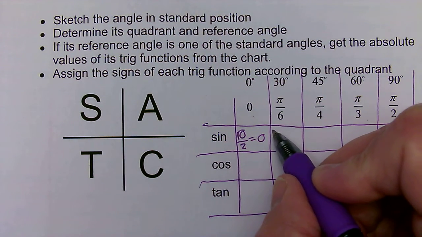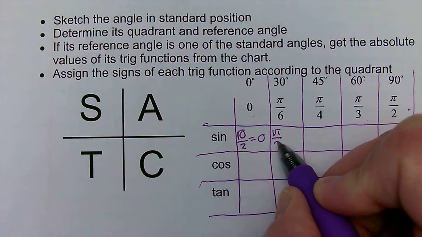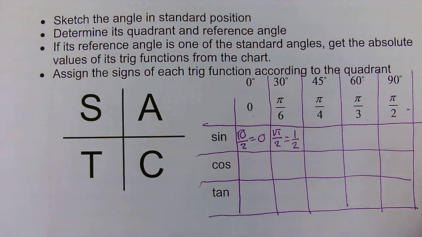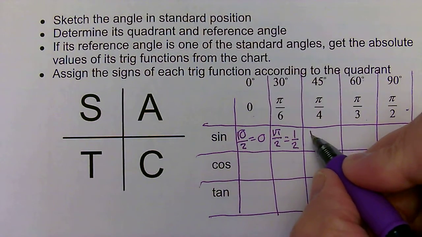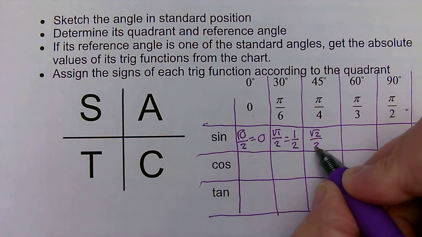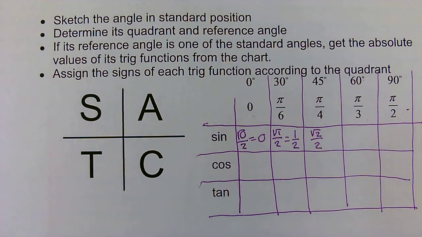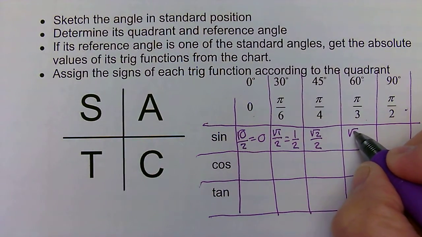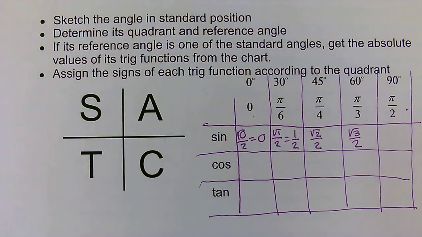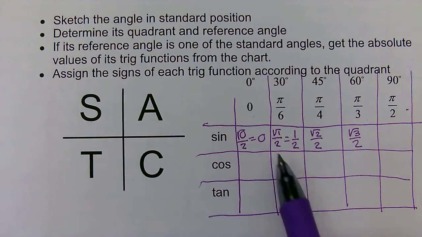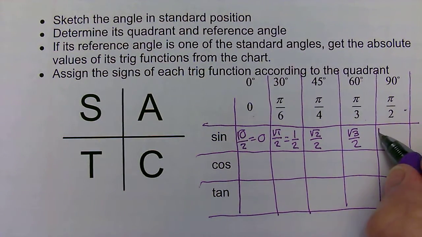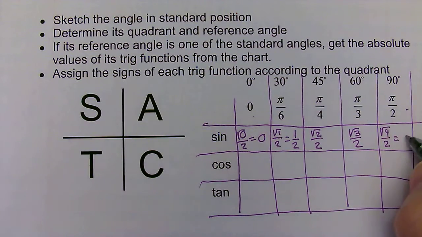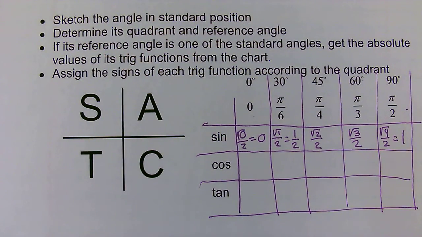Then 1, square root of 1 is 1, over 2 reduces to 1/2. 0, 1, 2, the square root of 2 over 2 doesn't reduce. 0, 1, 2, 3, the square root of 3 over 2 doesn't reduce. 0, 1, 2, 3, 4, the square root of 4 over 2 reduces to 2 over 2, which is 1.